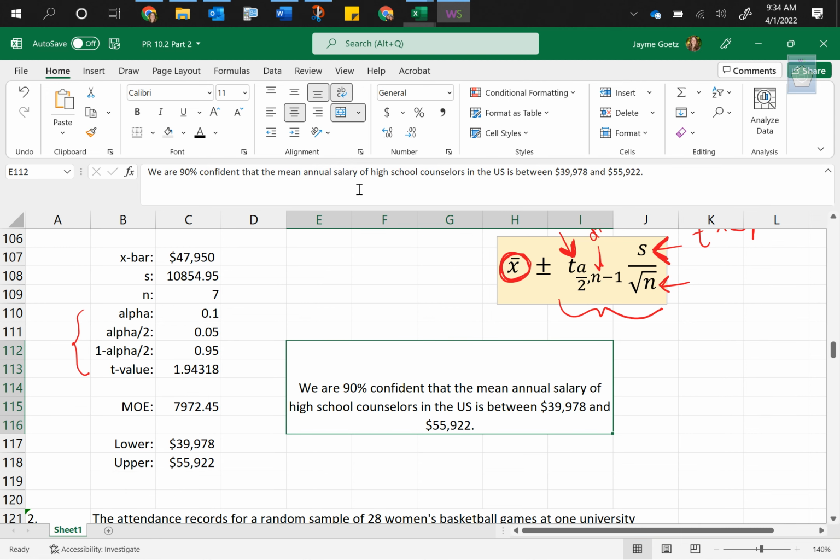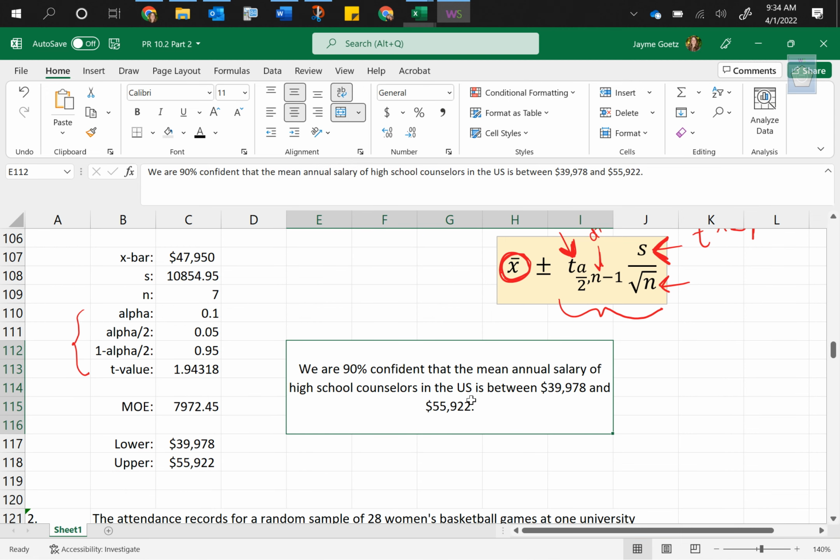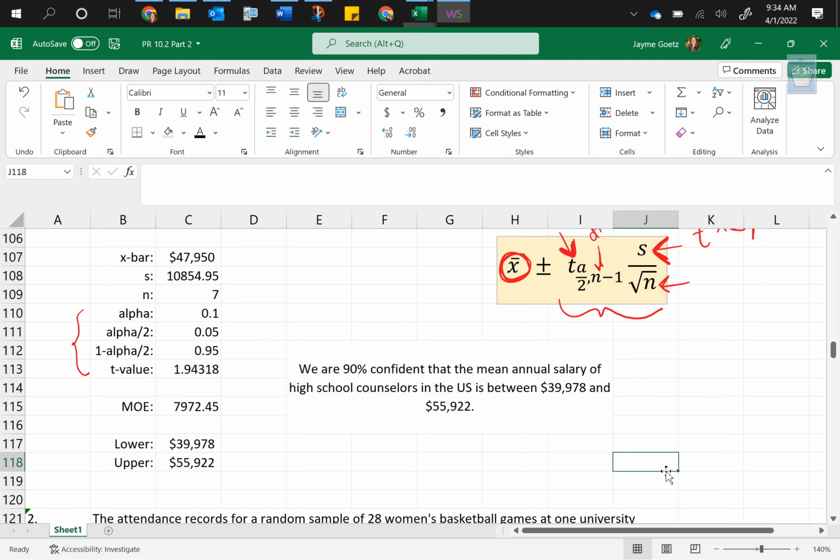So we are 90% confident that the mean annual salary of high school counselors in the United States is between $39,978 and $55,922. In layman's terms, they're not paid that much.